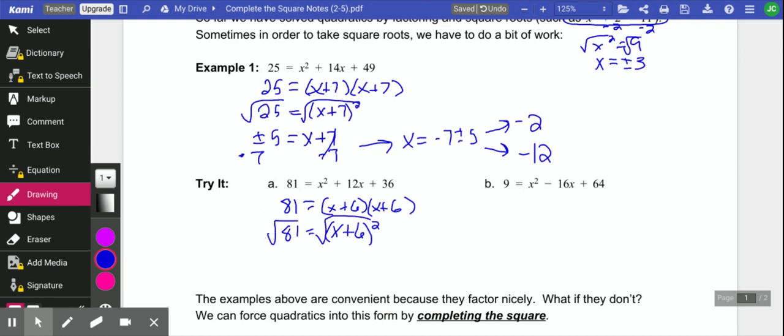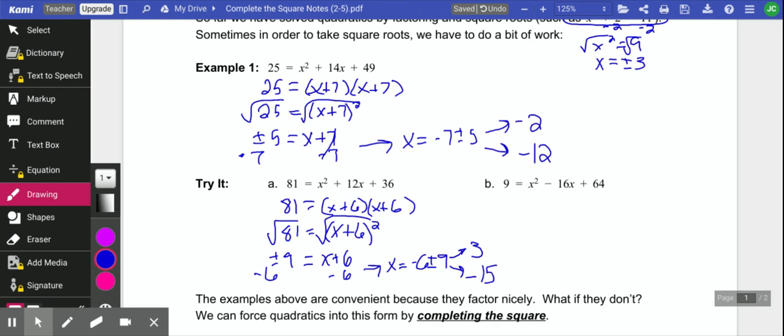We can take the square root of both sides, so we get x plus 6 equals plus or minus 9. Subtract 6 from both sides, so our answer is x equals negative 6 plus or minus 9. Those are two different answers. Negative 6 plus 9 is 3, and negative 6 minus 9 is negative 15.